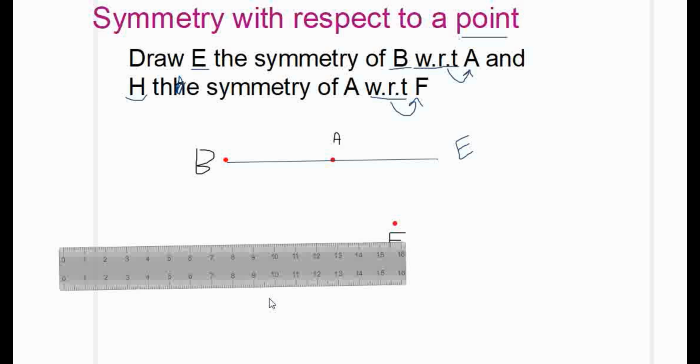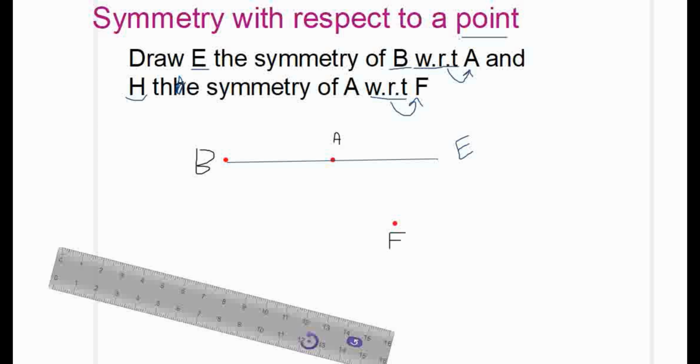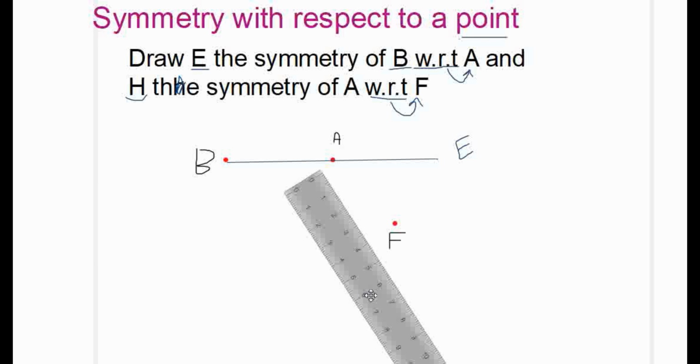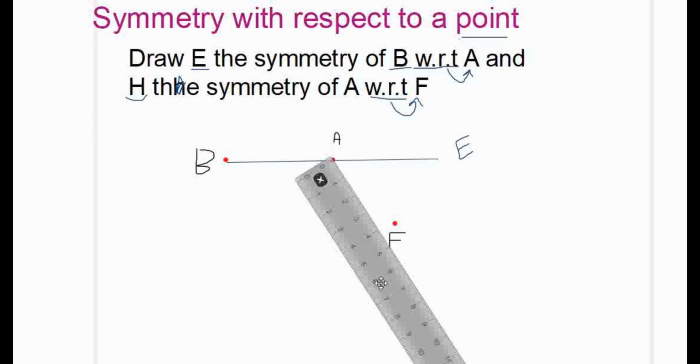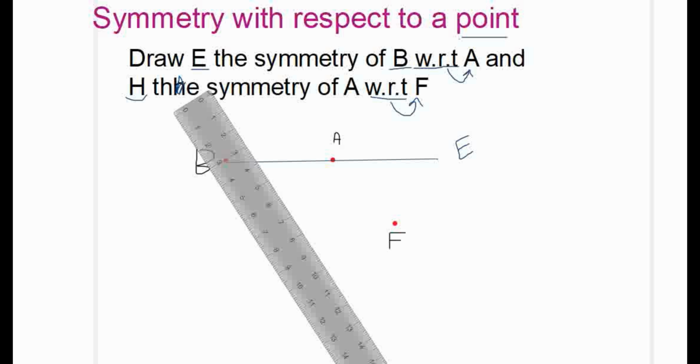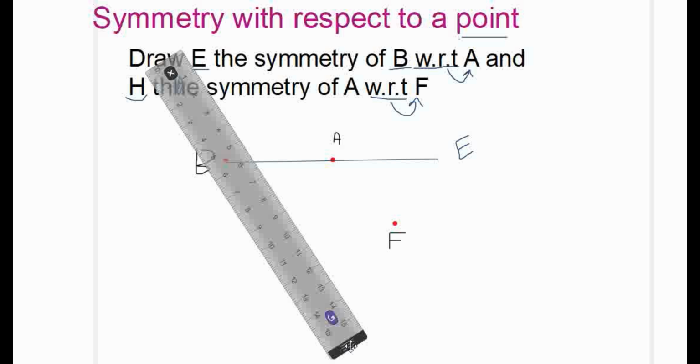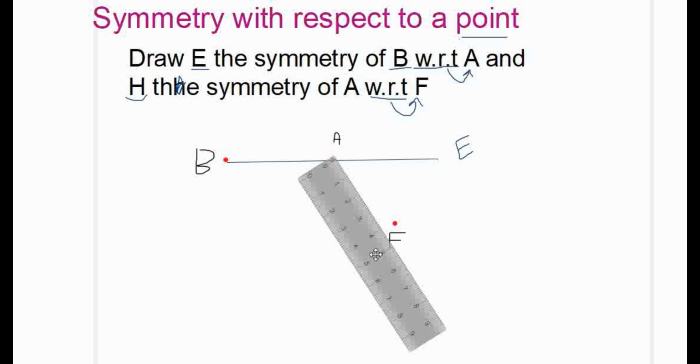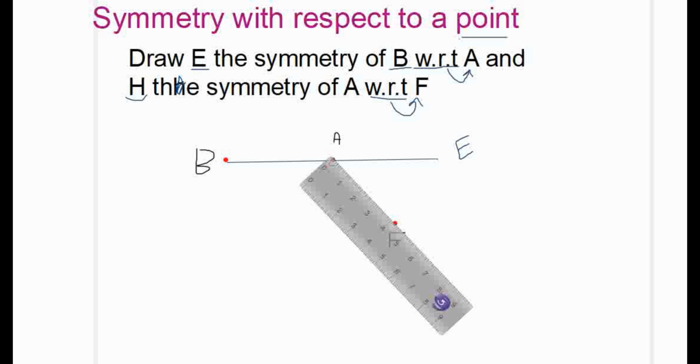What we are going to do is bring the ruler and draw a straight line connecting A and F. It's not a perfect line, so let me measure from A to F. No problem.